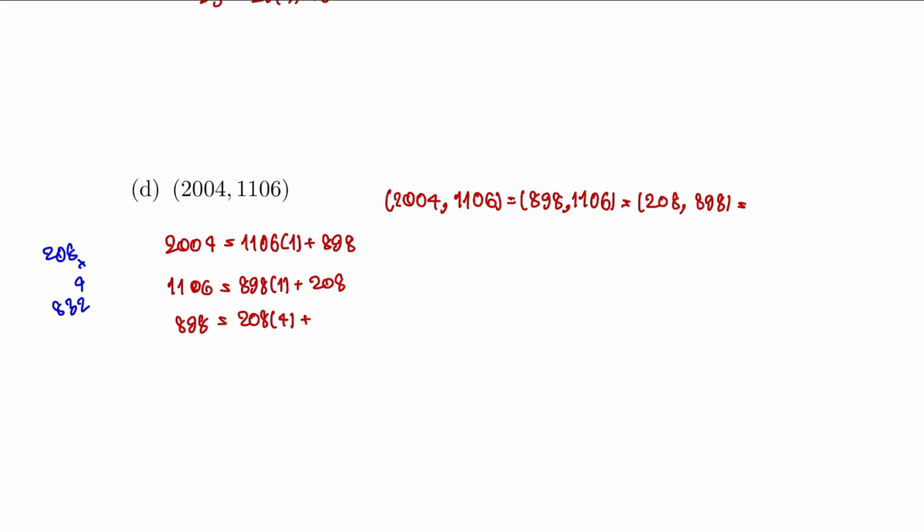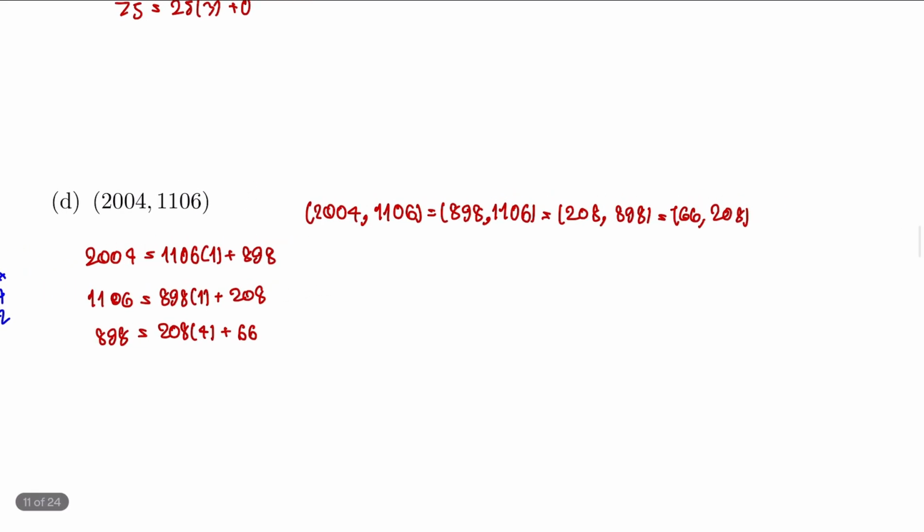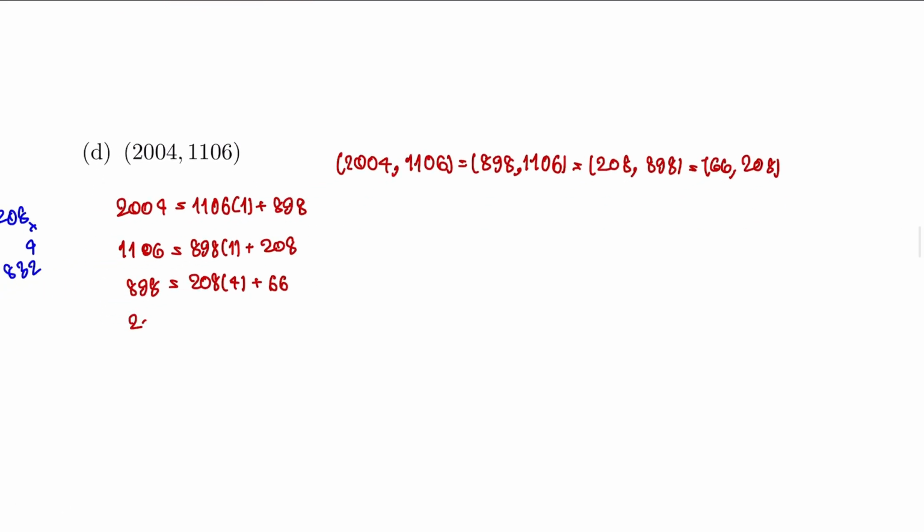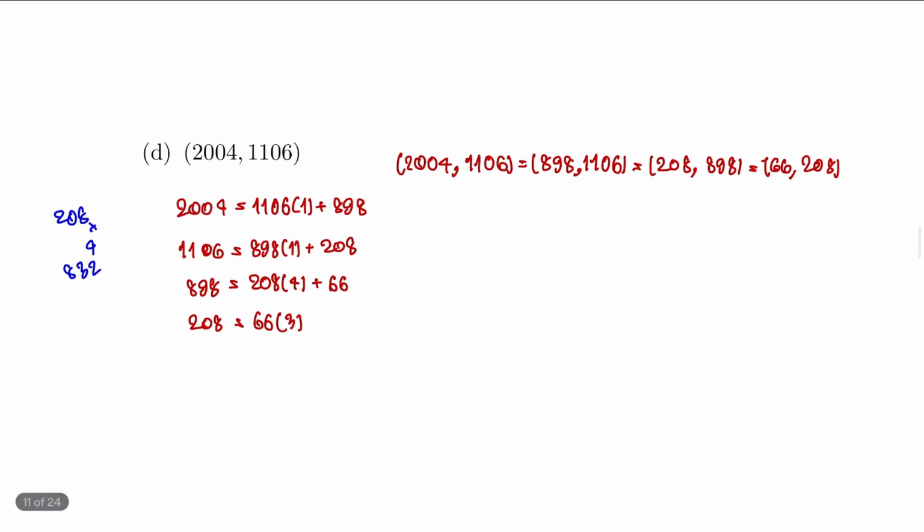So the remainder is 66, and you have the greatest common divisor of 66 and 208. Now what happens to 208 divided by 66? You multiply by 3. 66 times 3 is 198, so the remainder is 10.